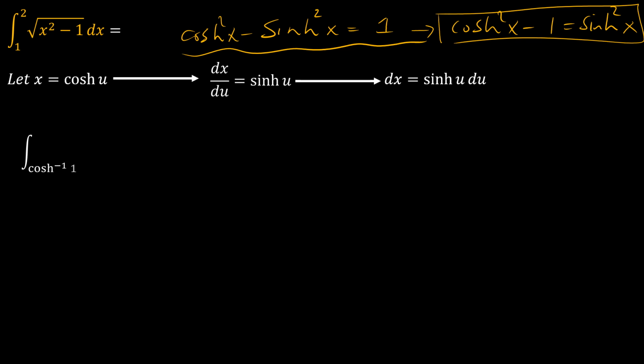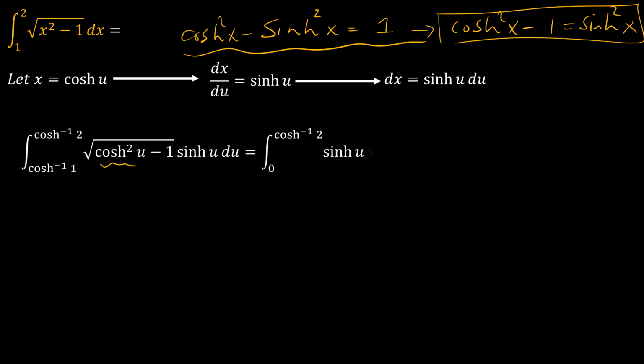And so the lower limit becomes the arc hyperbolic cosine of 1, and the upper limit is the arc hyperbolic cosine of 2. In place of x, we have hyperbolic cosine of u, so this becomes the square root of hyperbolic cosine squared of u minus 1, and in place of dx we have hyperbolic sine of u.